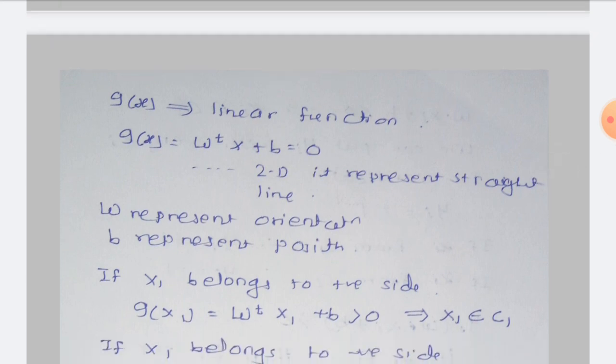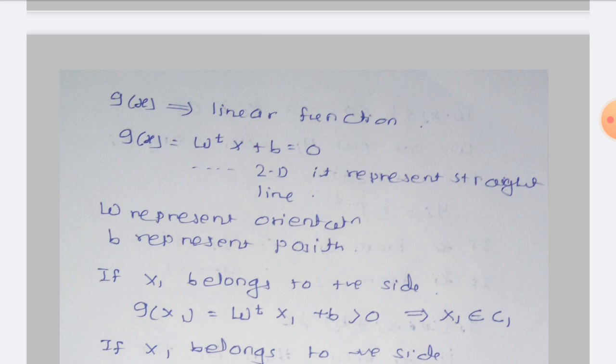Here w is a vector and b is a value. b is known as the bias term, which biases the position of the hyperplane in the space. For every feature x, we need to calculate the w^T x + b value.